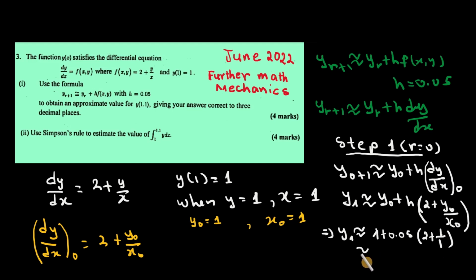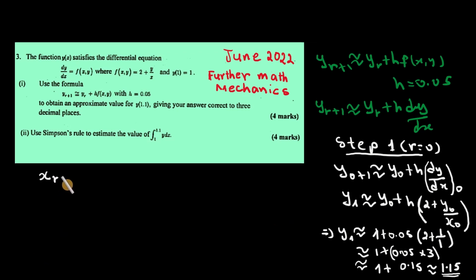That means y1 can be simplified as 1 plus 0.05 times 3. 0.05 times 3 is 0.15. That's 1 plus 0.15, which is 1.15.